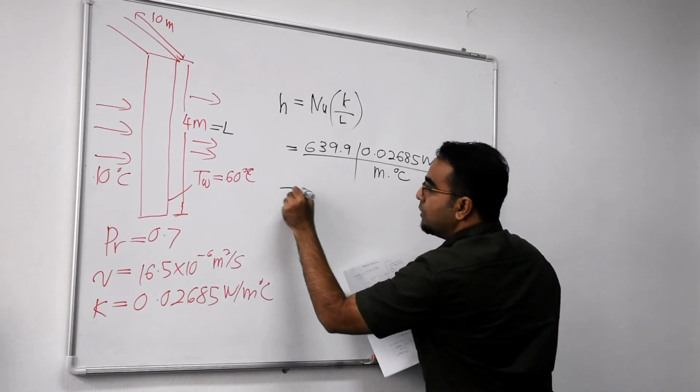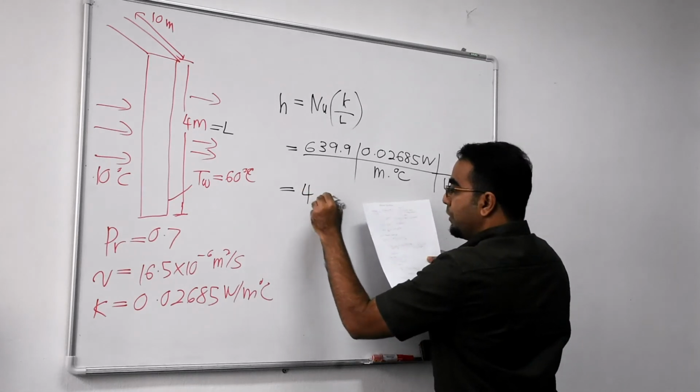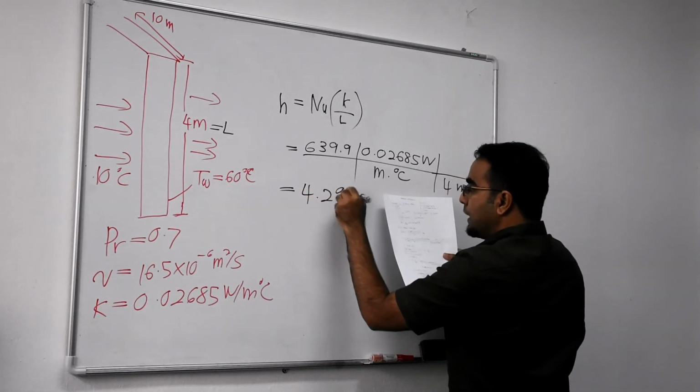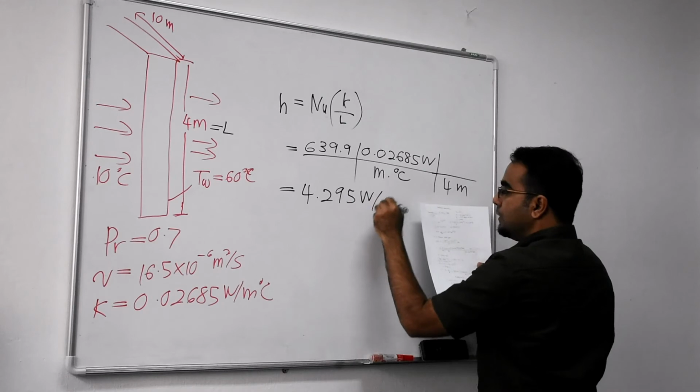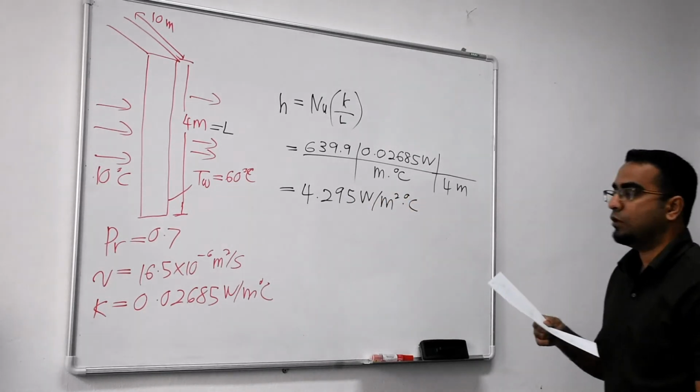So you get a value of h equal to 4.295 watt per meter squared degree Celsius. So this is the value of h.